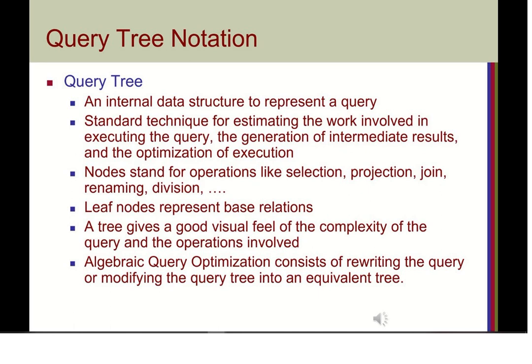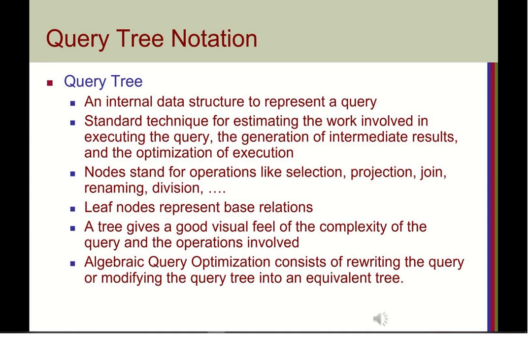Query tree. An internal data structure to represent a query. It is a standard technique for estimating the work involved in executing the query, the generation of intermediate results, and the optimization of execution. Nodes stand for operations like selection, projection, join, renaming, and division. Leaf nodes represent base relations.